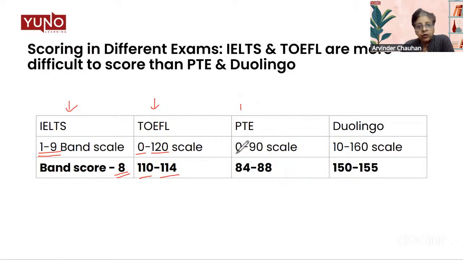PTE gives you a score from 0 to 90, and the acceptable score is around 84 to 88. Duolingo gives a score between 10 to 160, and usually an acceptable score is 150 to 155. But if we speak about acceptability, each university, each institution has its own requirement. They may accept a little lesser one also. That you will have to find out from the institute where you are applying. Right? Let's move ahead from here.